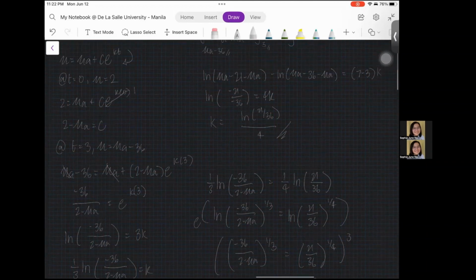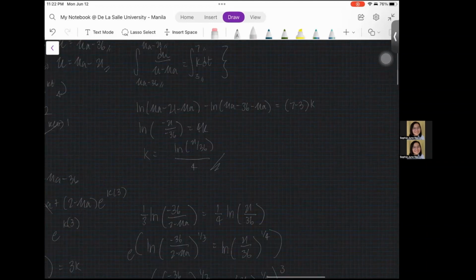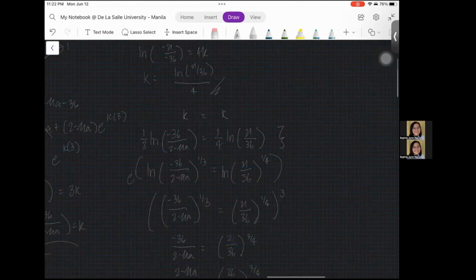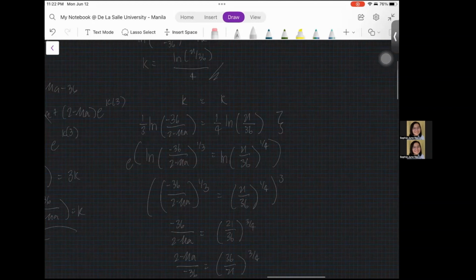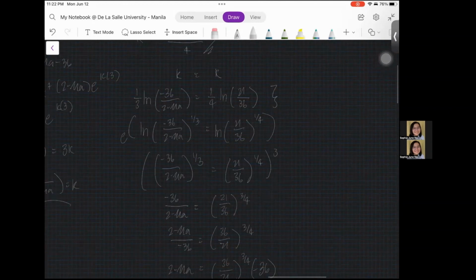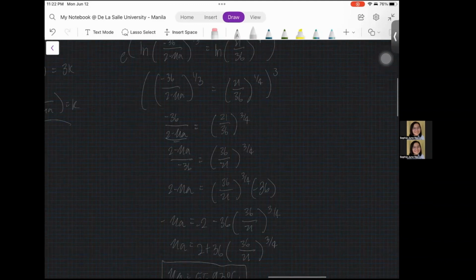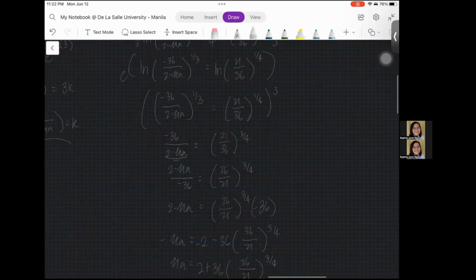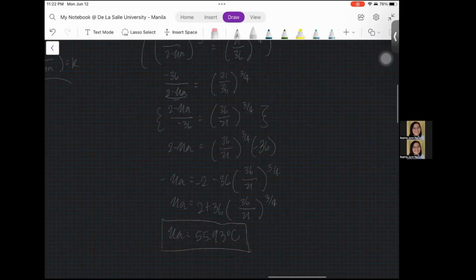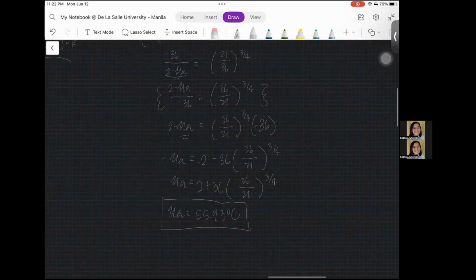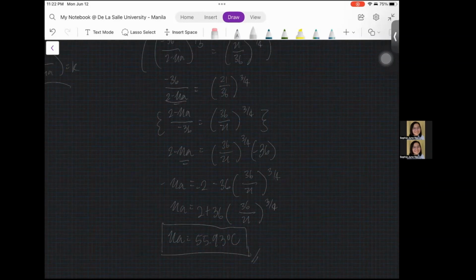So afterwards, we'll be able to equate the two ks together into this equation. And then after some simplifications, we'll be able to get this isolated. For example, we did the reciprocal of both sides here, so that we'll be able to isolate Ua here. We should get the answer of 55.93 degrees Celsius.